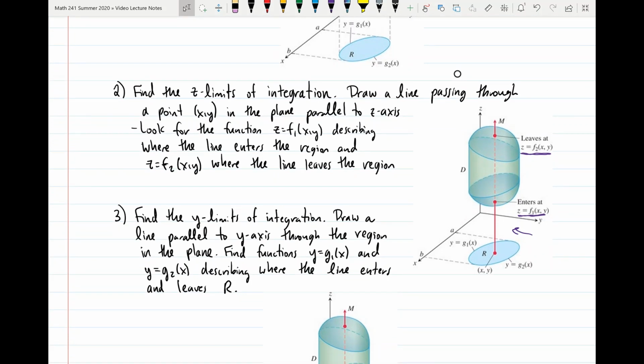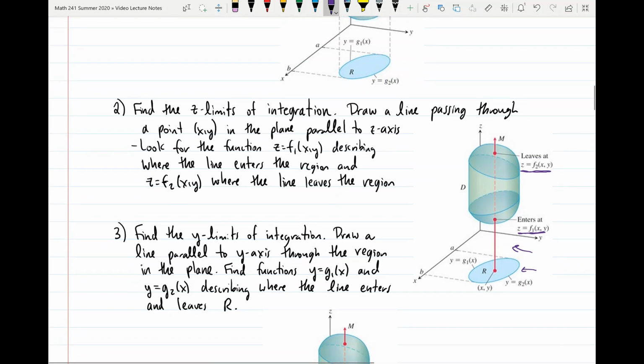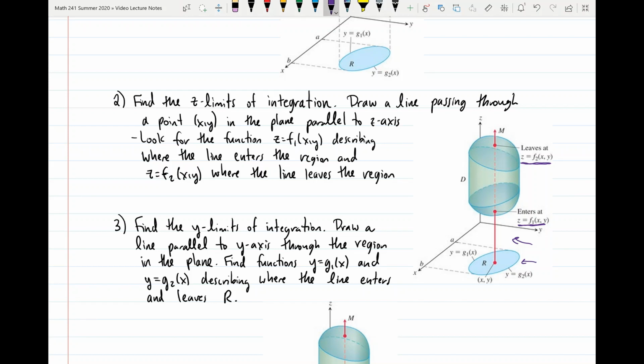To do so, you can pick some arbitrary point x, y down in the region R, and you can draw a line from that point parallel to the z-axis that goes up through the 3-dimensional region D. Our goal here is to find a function in the variables x and y that describes where that line is entering our region, and a function that describes where that line is leaving the region, for all of the different lines that we can draw inside of the region R. You can also think about these as surfaces in space, because they're given as the function z equals f sub 1 of x, y, which represents a surface in space.